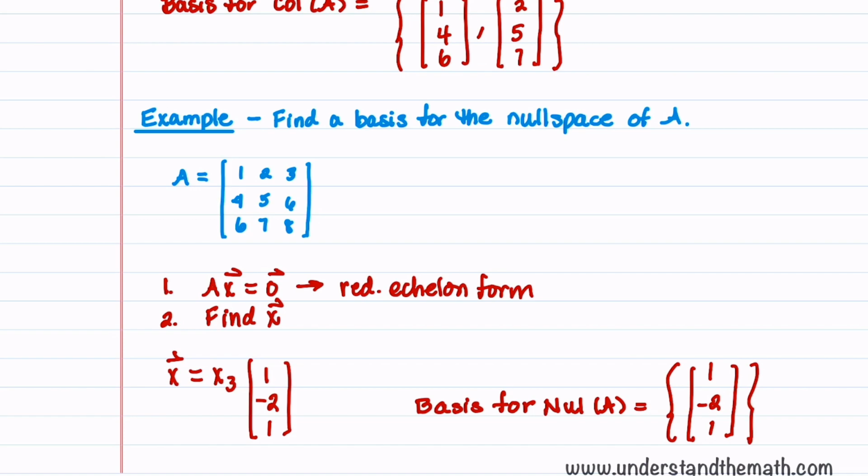I want to make a note that the number of vectors in the basis for the null space is equal to the number of free variables. That's going to be important when we talk about dimension, which is our next topic.